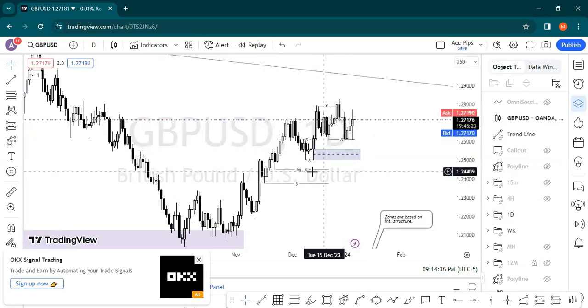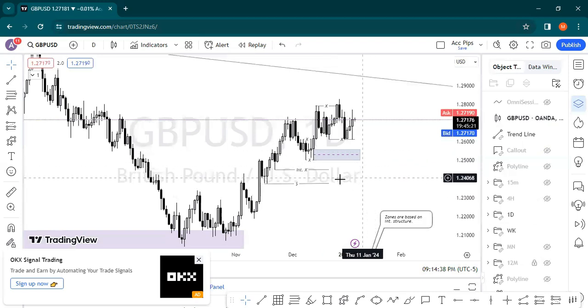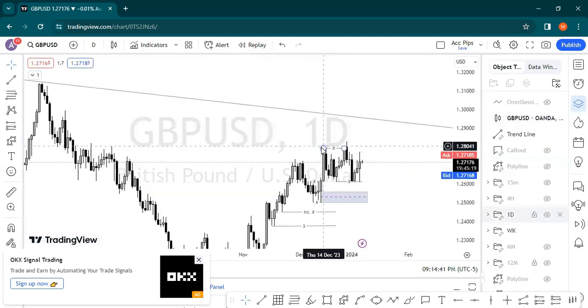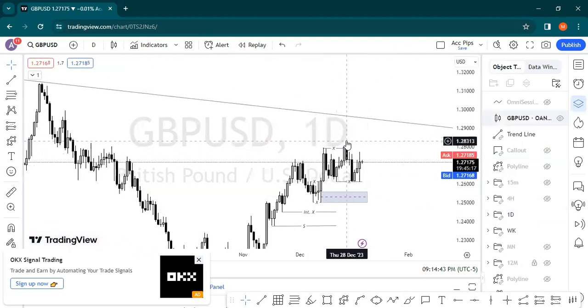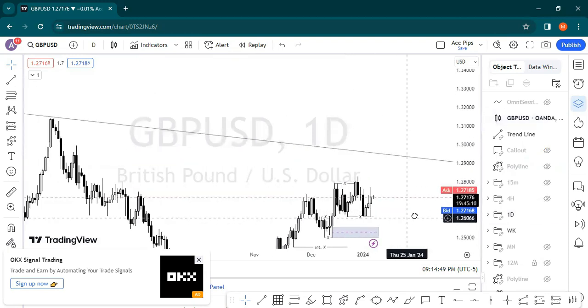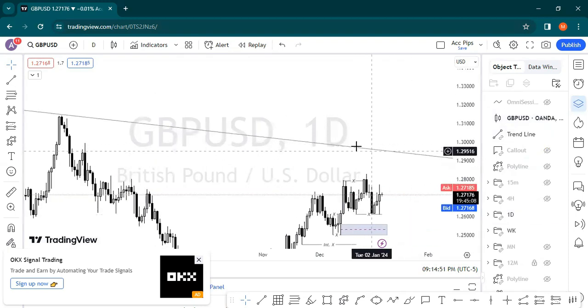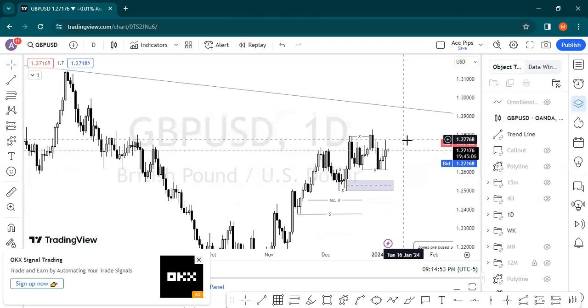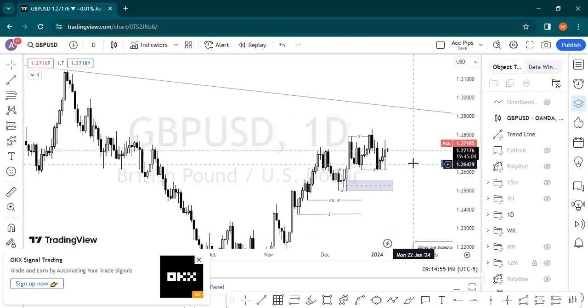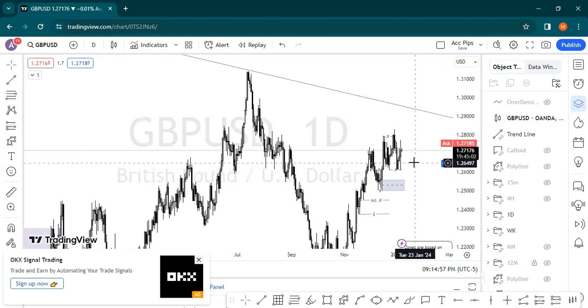Otherwise, I'm expecting price to take any of these internal liquidities before we push up. Liquidity swept here already, and then created another liquidity here, left liquidity here. So I'm expecting price to take that liquidity also, and then we move towards this trend line liquidity. Okay, towards the trend line liquidity over there.